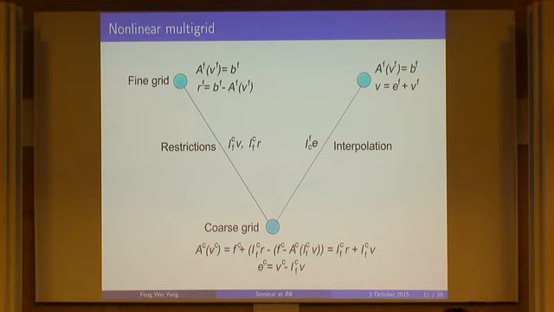I hope it's self-explanatory. And then we compute the error in a way which is similar to the linear case, interpolate the error and do the correction again. So that is the same as the linear case. And that is a non-linear multigrid with the FAS scheme.